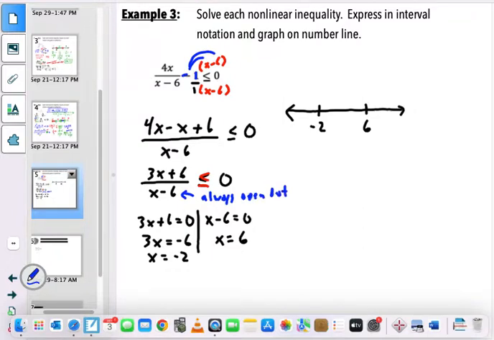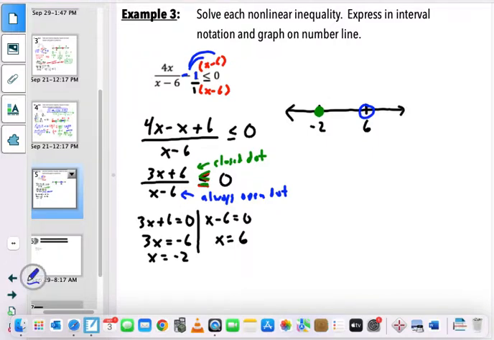So at 6, we're going to have an open dot. Here, because I have less than or equal to up here, I'm going to end up with a closed dot. If it was simply less than, I'd also have an open dot here at negative 2, but I don't. I'm going to put a closed dot there.